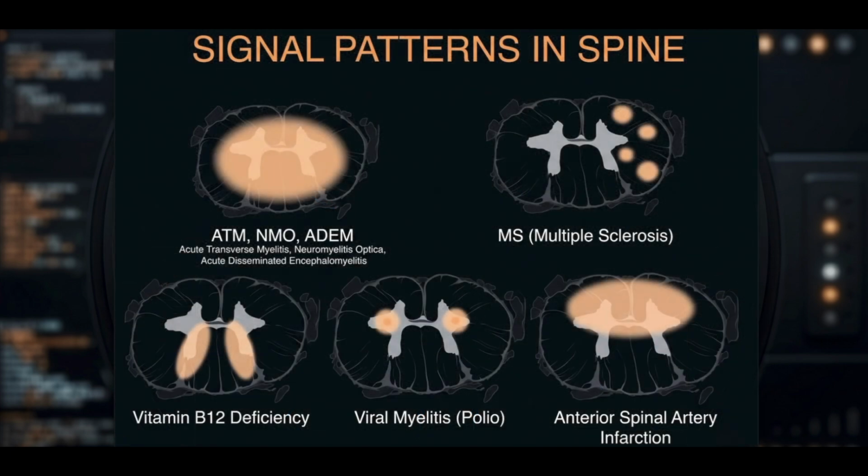I would like to use this opportunity to show the signal patterns in the spine that are geographical and characteristic for some diseases. These are general patterns that you should keep in mind.